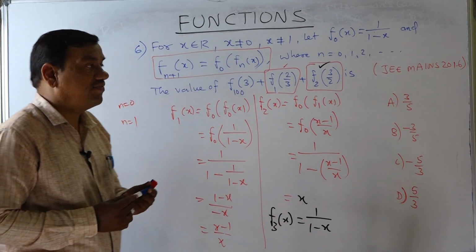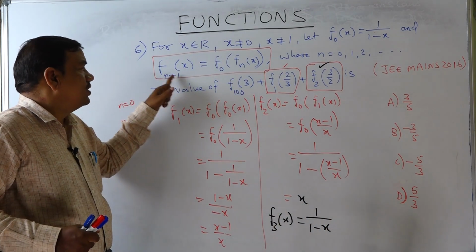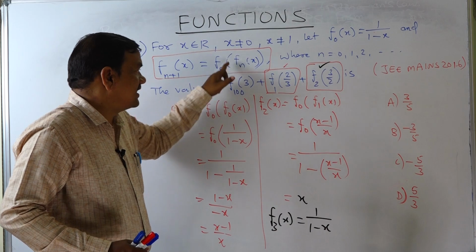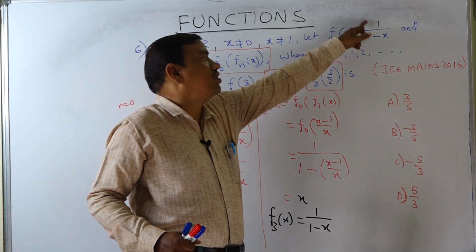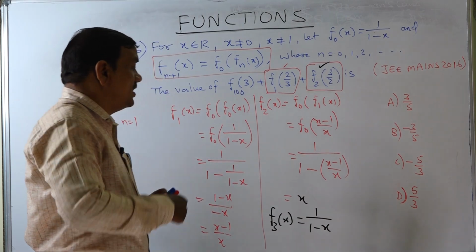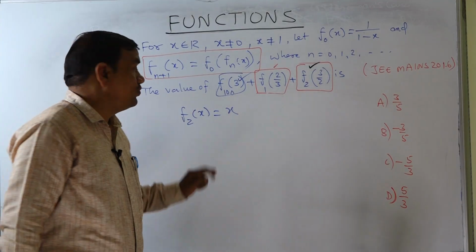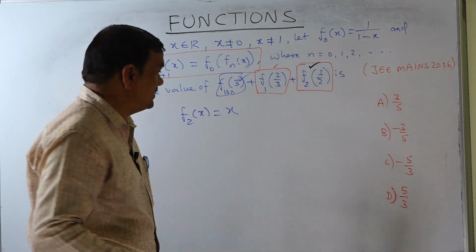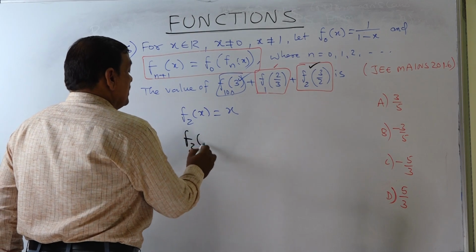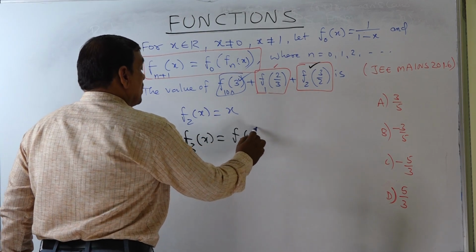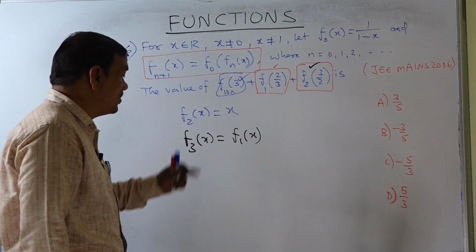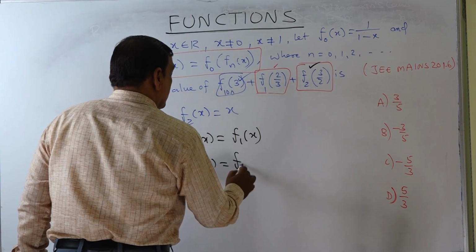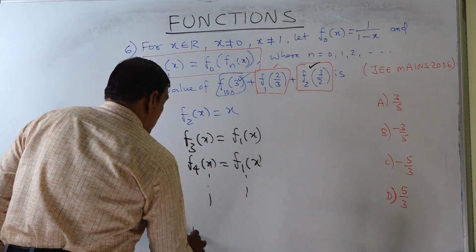So try to understand here. For f3, you have to substitute 2. F2 of x, how much we got? x. And f naught of x is 1 upon 1 minus x. If we proceed like this, we got f2 of x equal to x, then f3 of x is equal to f1 of x, f4 of x is equal to f1 of x, and so on.